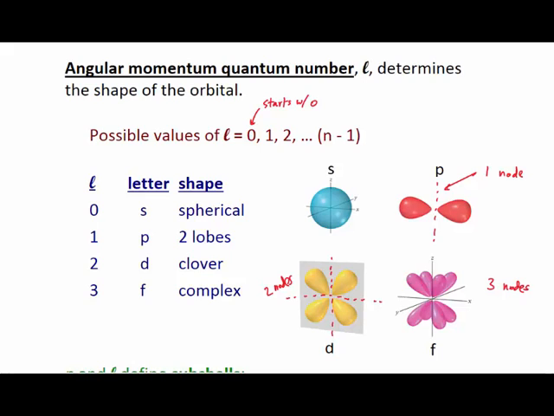So, in general, it's higher energy as l increases. The lowest energy of these orbitals overall is s. As we increase the number of nodes, which increases the places that those electrons can be, it becomes higher in energy and more complex.